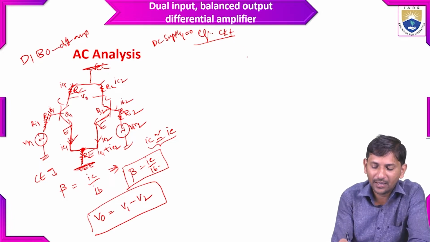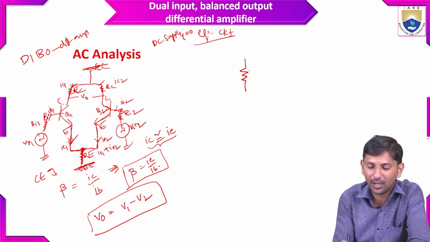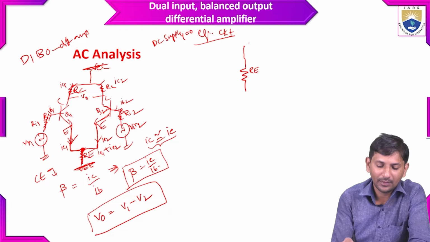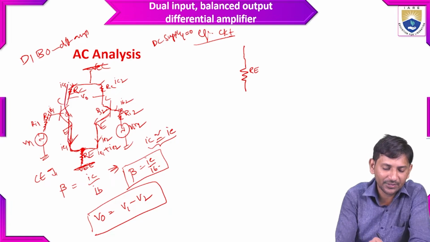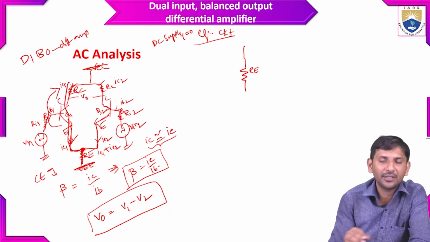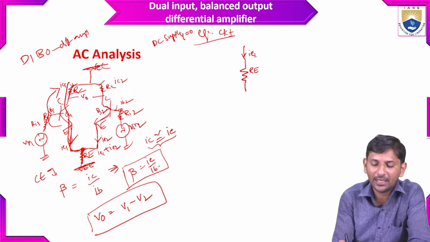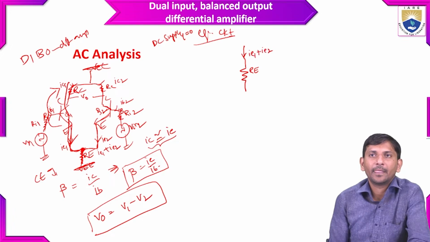Then we have to consider, from here, this is a resistance RE, the common point RE. If you consider the path in this direction, then what we have to draw? This is RE. The current across this RE is equal to IE1 plus IE2.